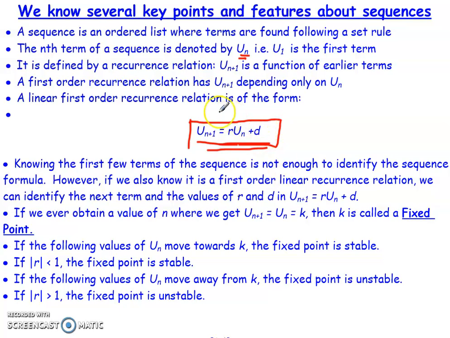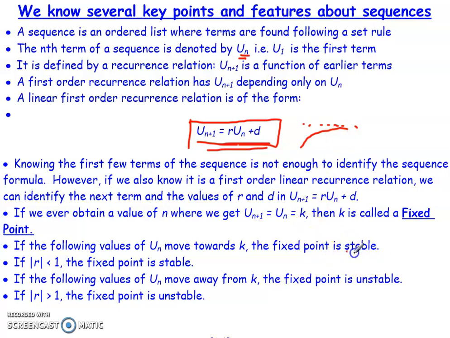Now if we look at the general format for a linear recurrence relation, if the values of un move towards that value of k, then the fixed point is stable. So let's imagine I was drawing this as a graph and I had my sequence and the values of the sequence tended towards the k like that.